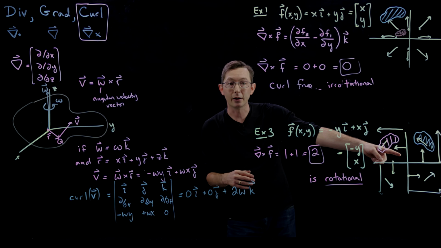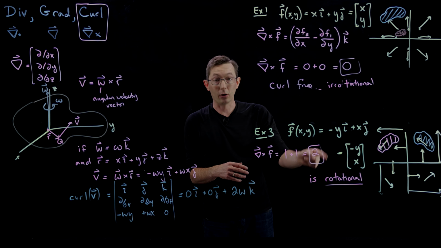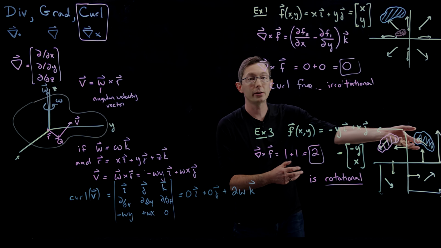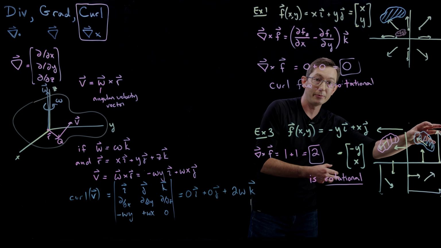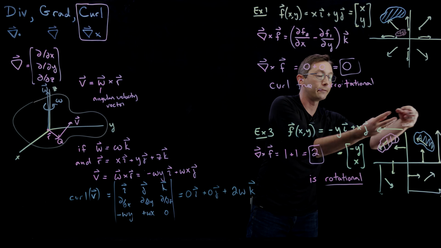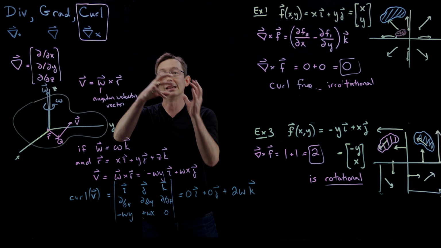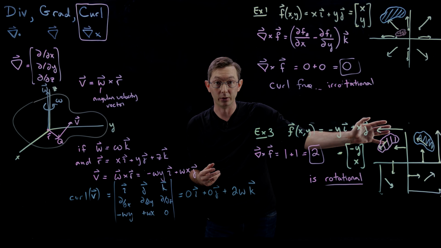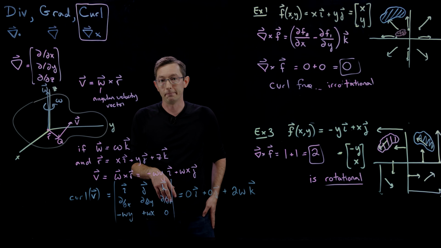And similarly here, because I had a constant curl in this vector field, this also corresponds to solid body rotation. If I have some little blob or some object in this flow, it won't get deformed as it's moving around. It will keep its shape and just rotate as if it was a solid body in this fluid flow. So very, very useful concept here of solid body rotation.